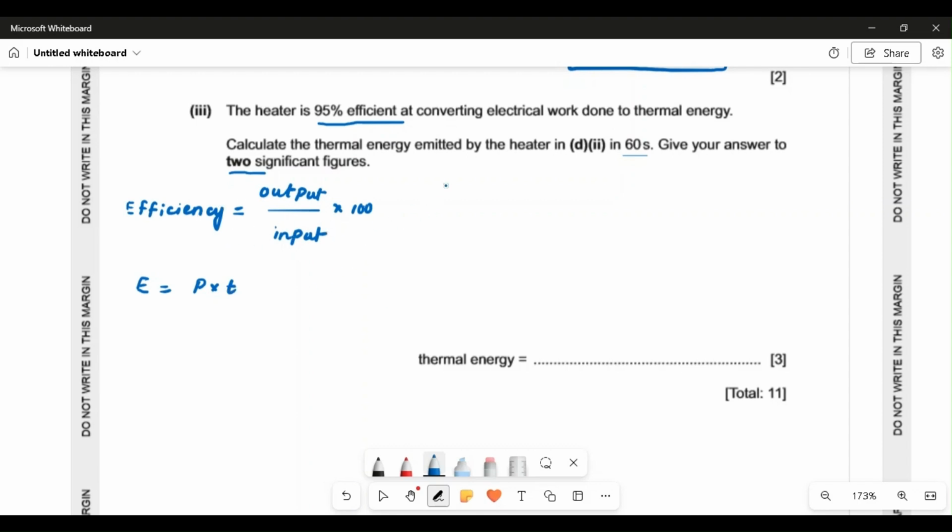So I can simply say 95% is equal to output over input. The input power we have is 1,200.